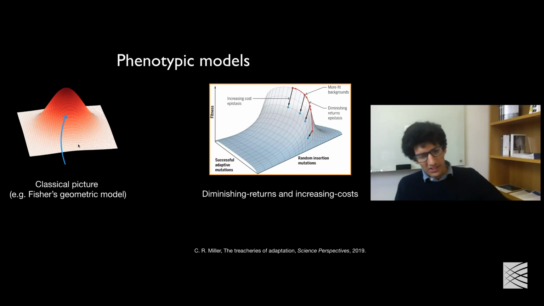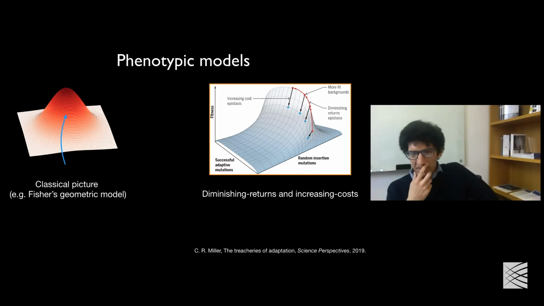But this picture gets quite contrived in light of the recent experiments which show diminishing returns and increasing costs. This is nicely depicted in this cartoon, which appeared in this commentary.